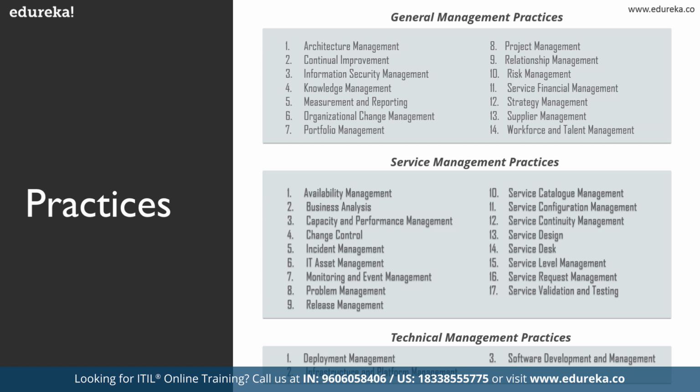Performance management of capacity covers utilization, the trend of utilization, and prediction of future capacity. Three levels of capacity we would look at: component capacity, service capacity, as well as business capacity.